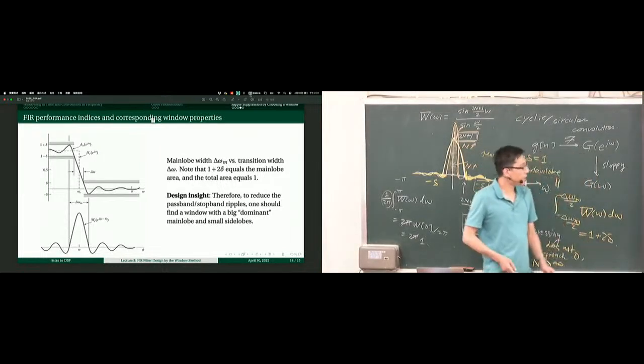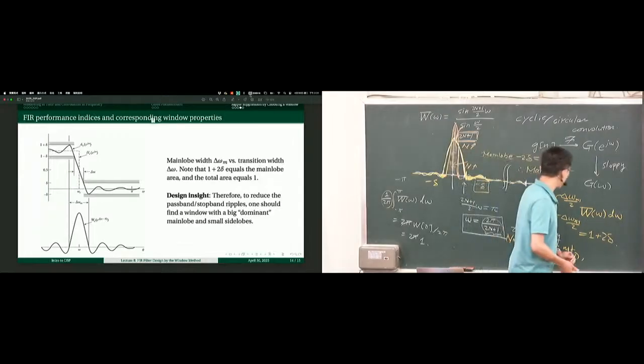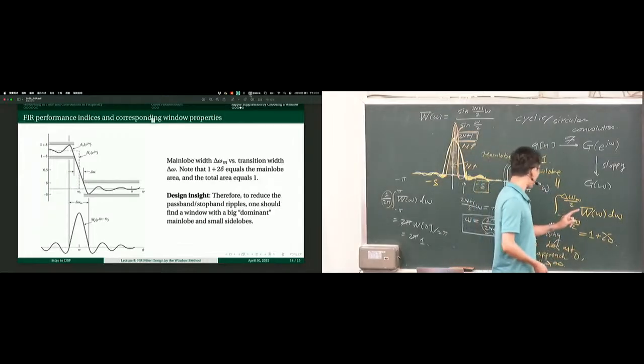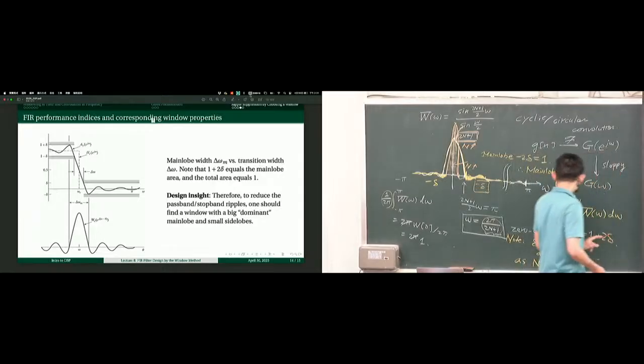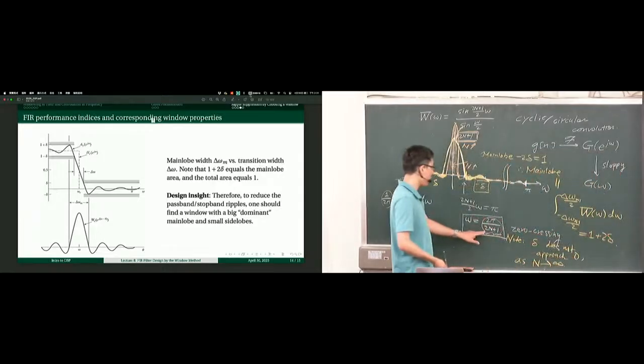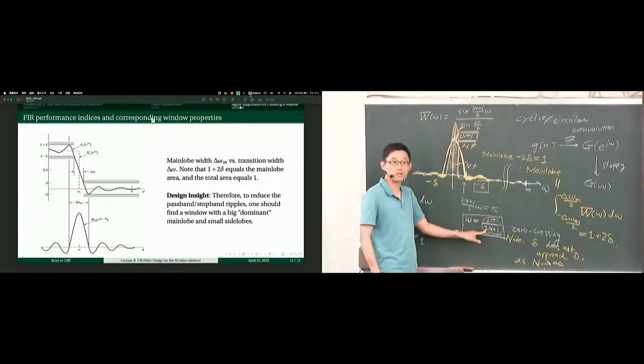Now you can imagine, when we increase n, the transition width is narrower than the main lobe width. The main lobe width is inversely proportional to n, so it is rather easy to explain: when n increases, the main lobe width decreases.